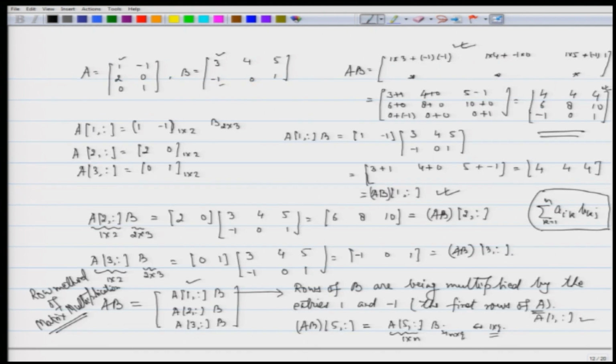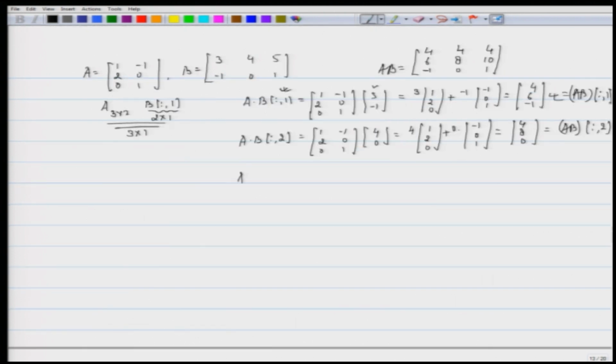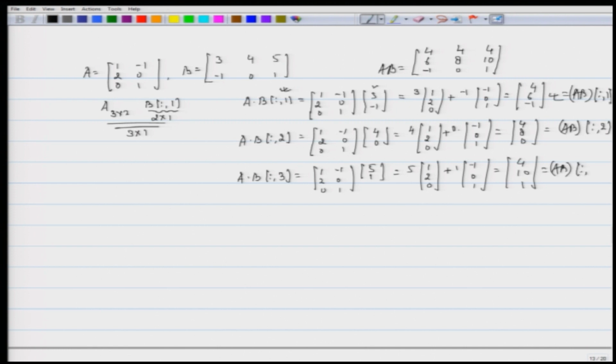Similarly, the third column is 5 comma 1, which is 5 times 1 2 0 plus 1 times minus 1 0 1, which is 5 minus 1 is 4, 10 plus 0 is 10, 0 plus 1 is 1, which is the third column of AB.